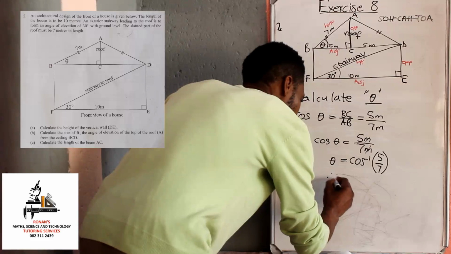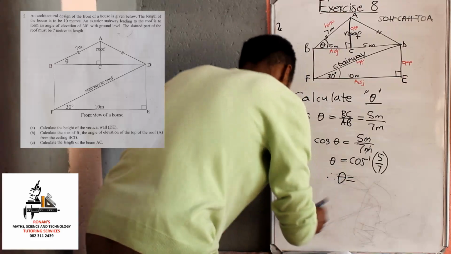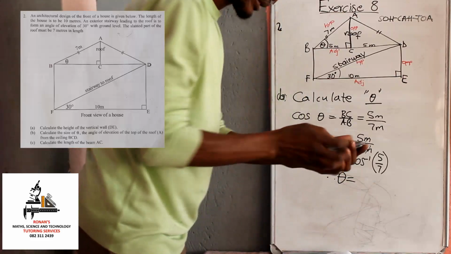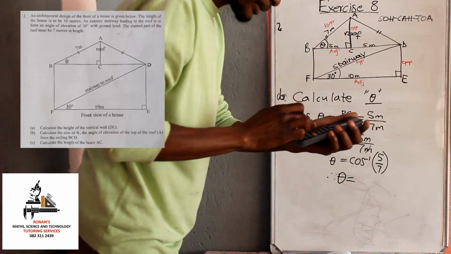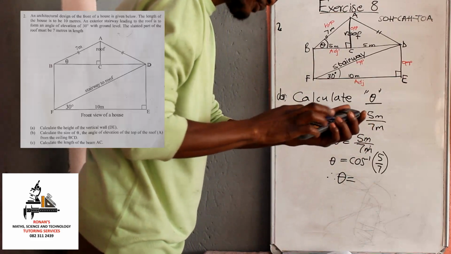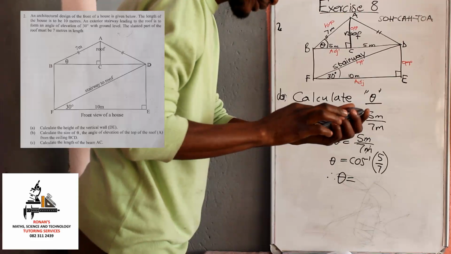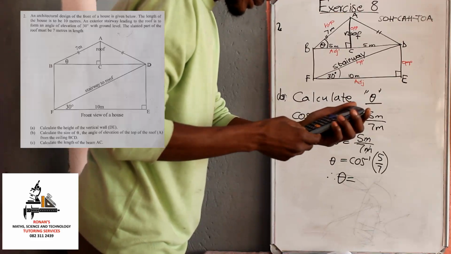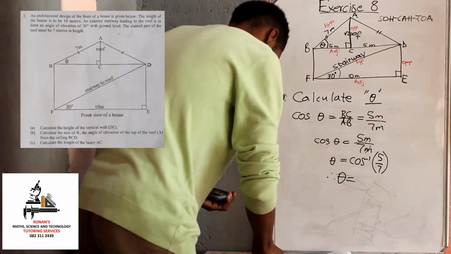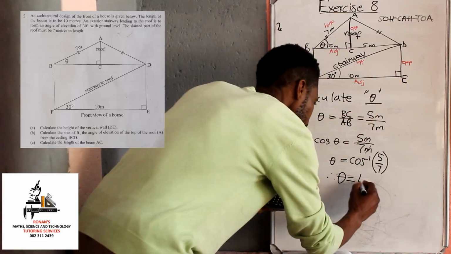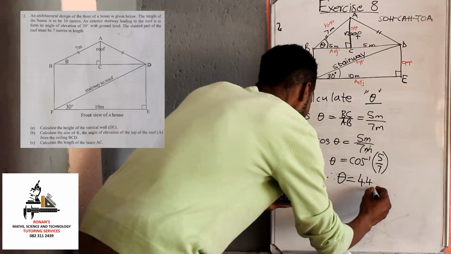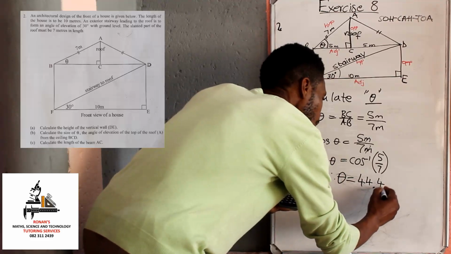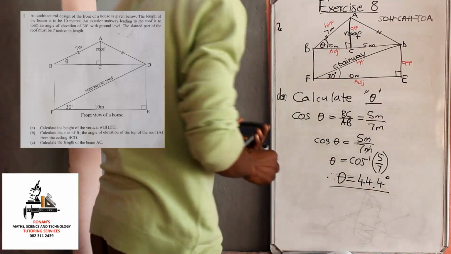And therefore, theta will be equal to, you punch that into your calculator, arc cos of 5 over 7, giving us 44.4 degrees.